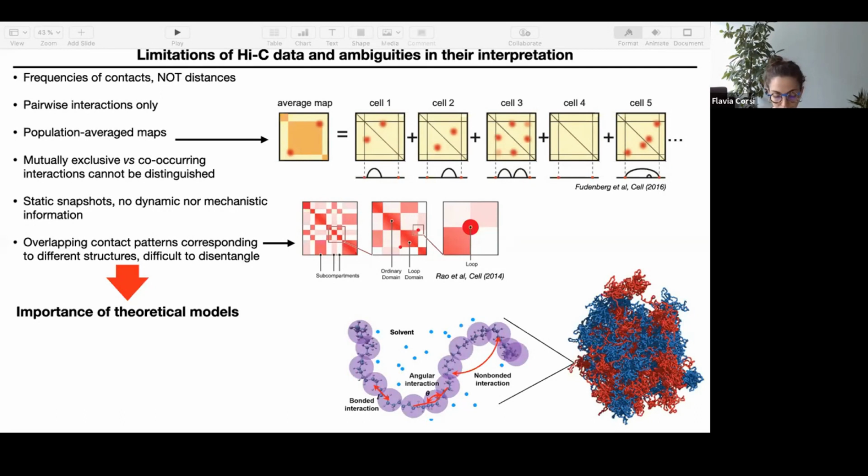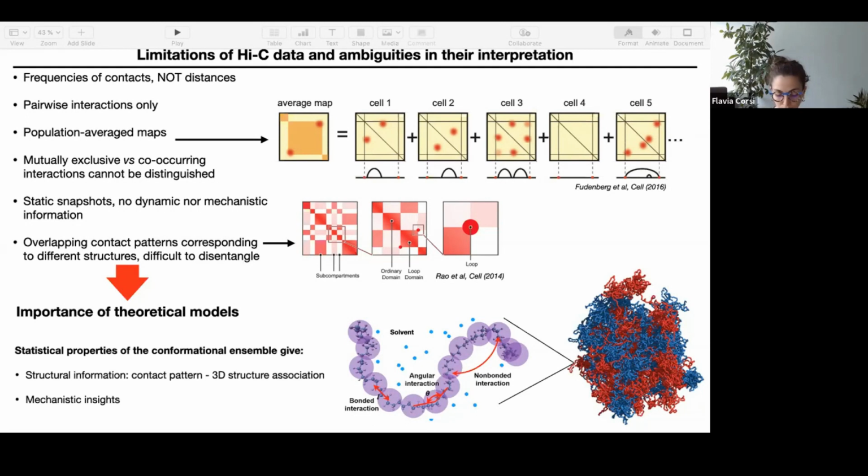For theoretical models, what is usually used are coarse-grained polymer models that can provide a statistical ensemble of conformations whose statistical properties can be compared with the ones found in experimental cells, and retrieve both structural and mechanistic information. From a structural point of view, we can better understand the contact patterns and 3D structural associations, and from a mechanistic point of view, we can discover the mechanism underlying such an organization.